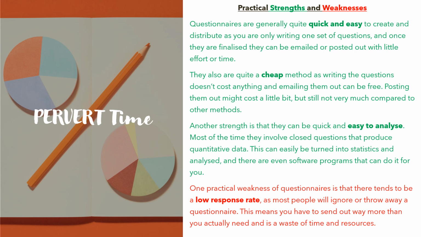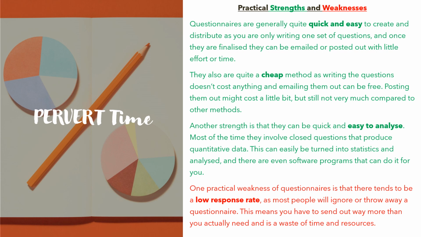It also is really quite cheap. You could do a questionnaire actually for free. There's very few methods that would be completely free. Doing postal questionnaires, if you're actually using the post, then it would cost a little bit of money. But still, compared to other methods, this is really quite a cheap method.